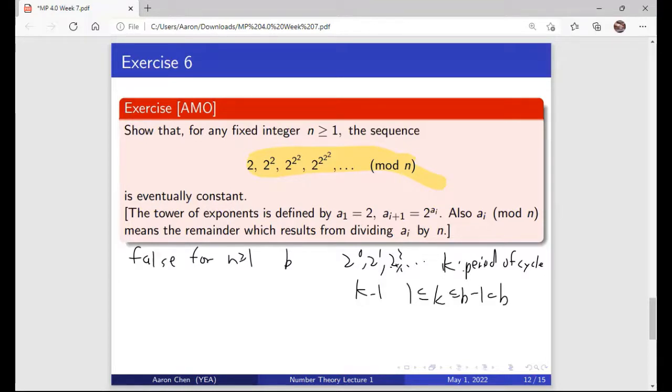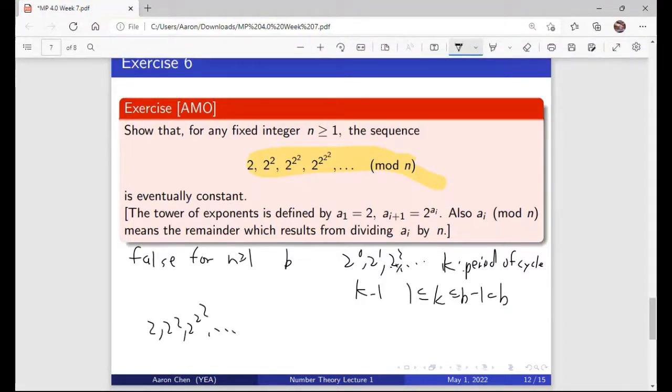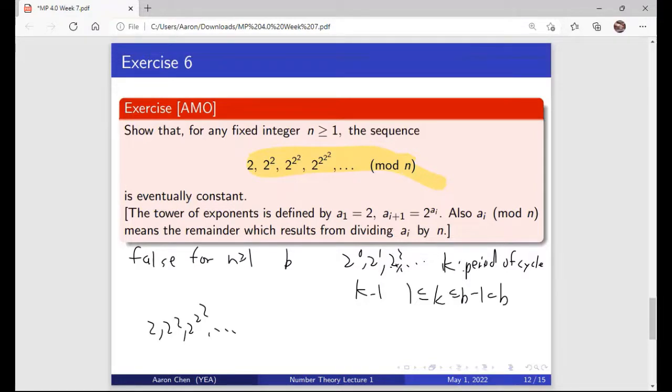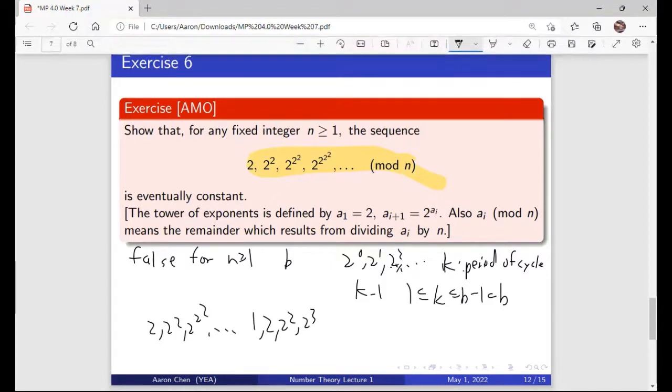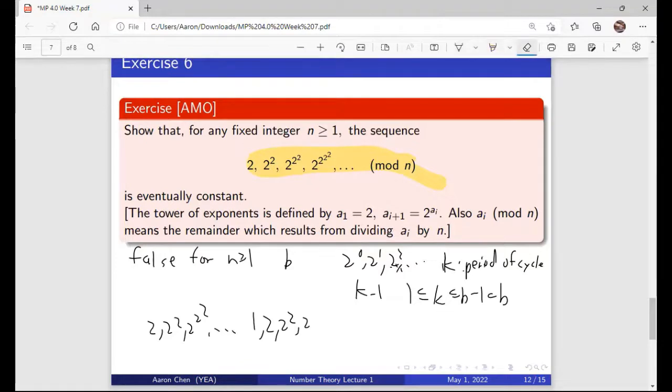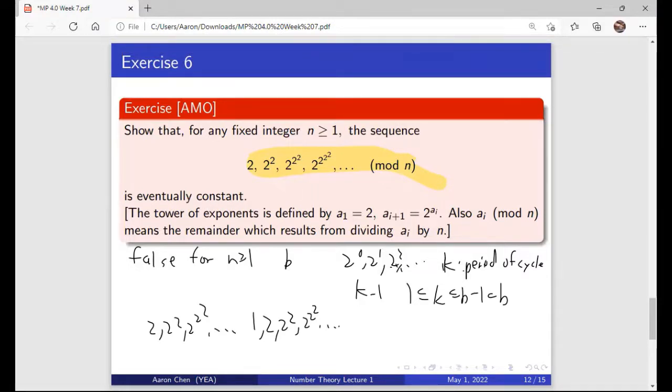And since the sequence 1, 2, 2 squared, 2 to the 2 to the 2, and so on, does not become constant mod b, it does not become constant mod k either. And so that means that the problem statement does not work for n equals k.